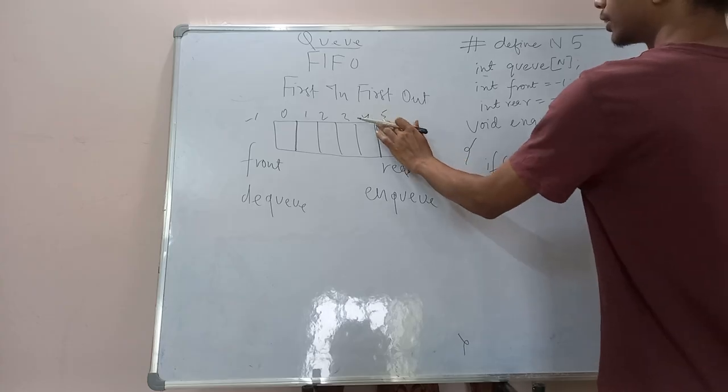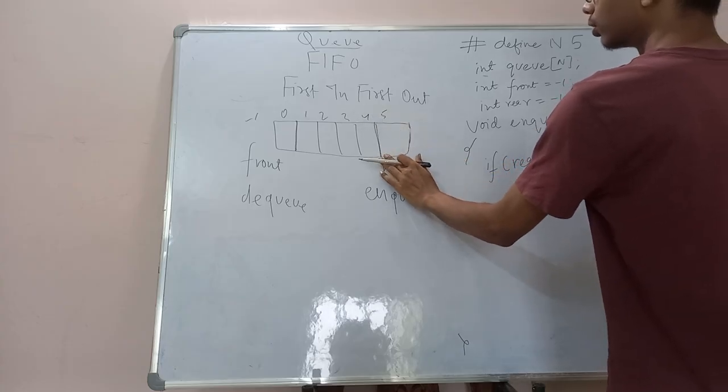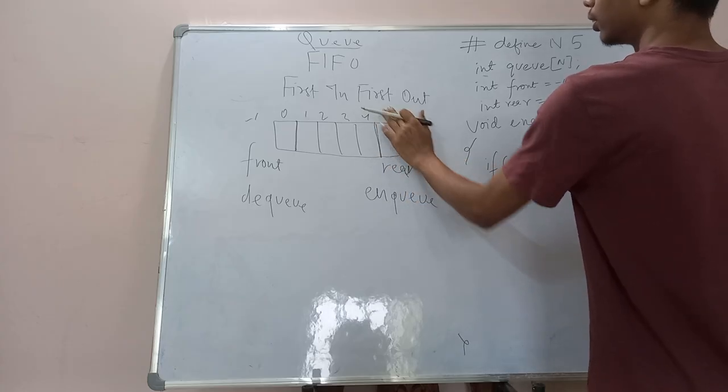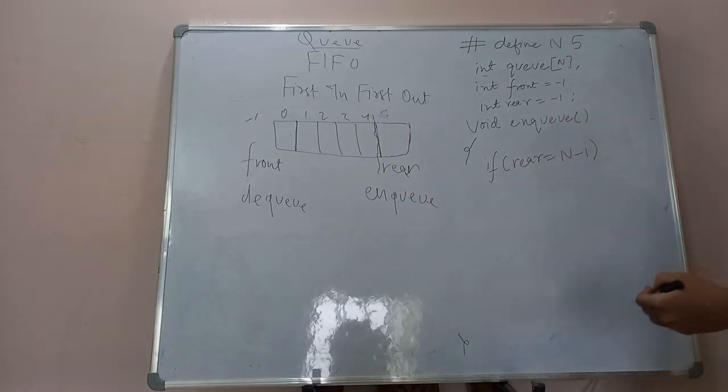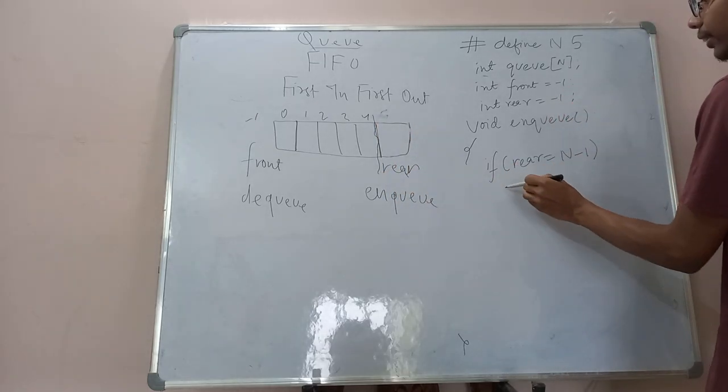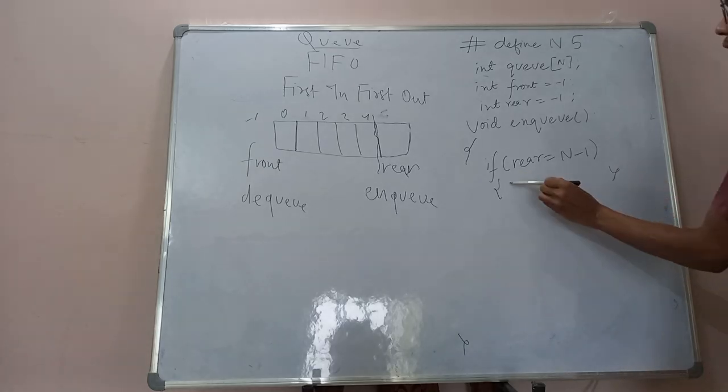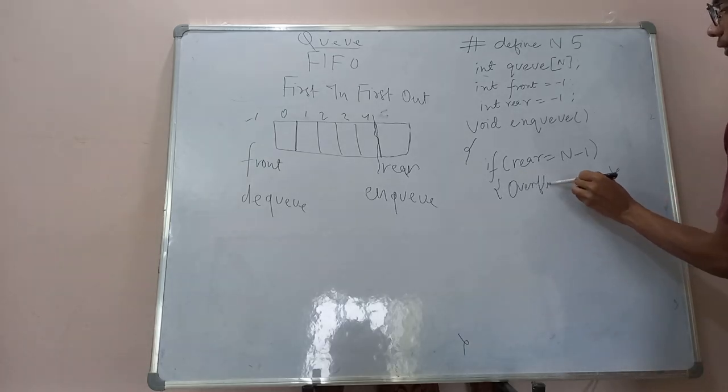Let's remove this here. Now I have filled my elements up to here, so it will not go ahead. So I will print the overflow condition.